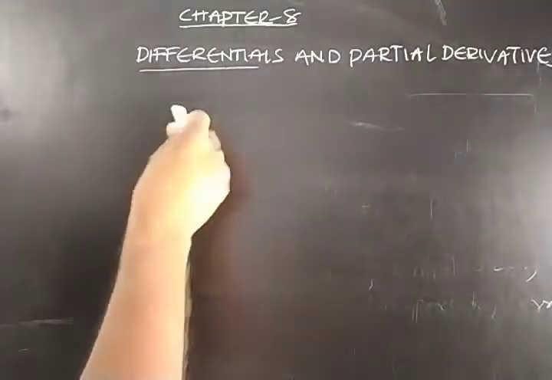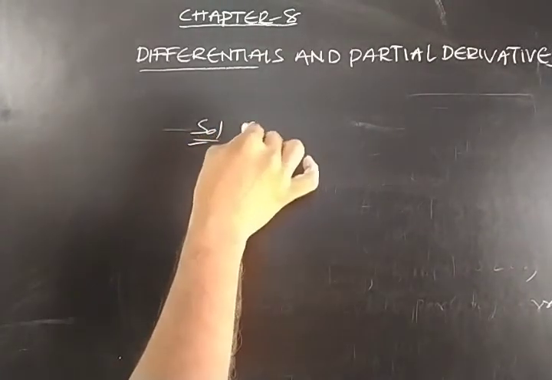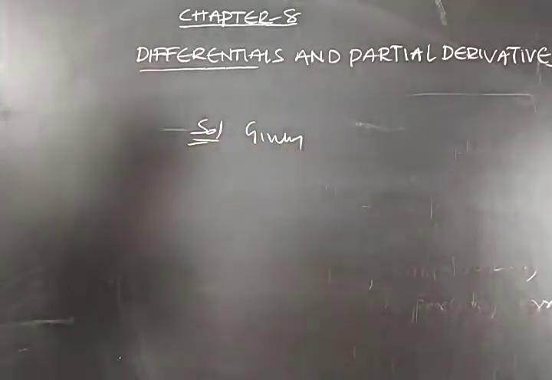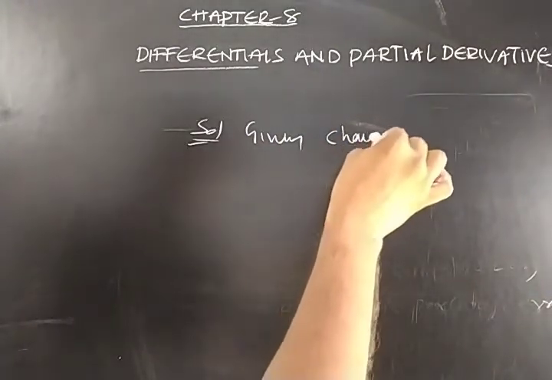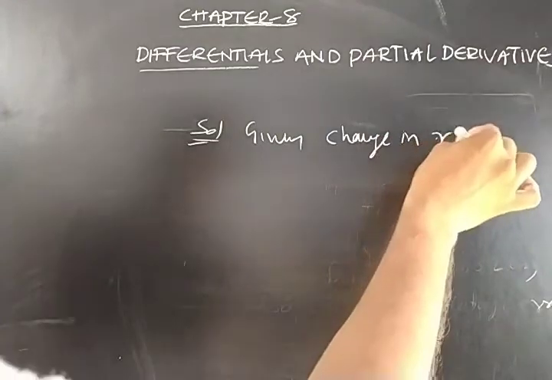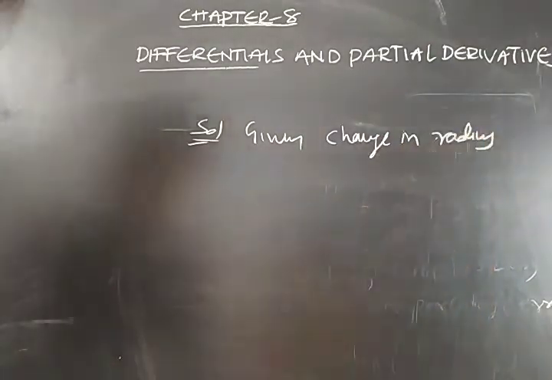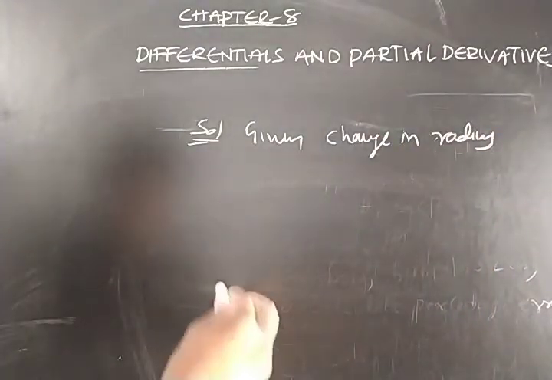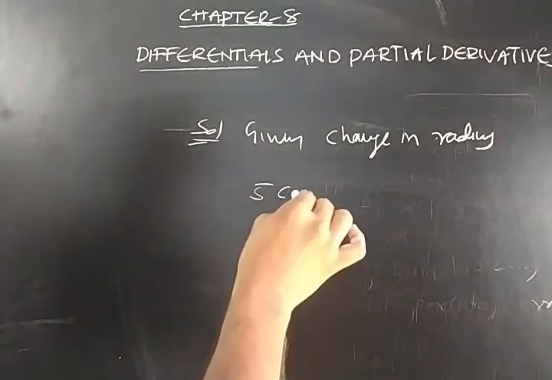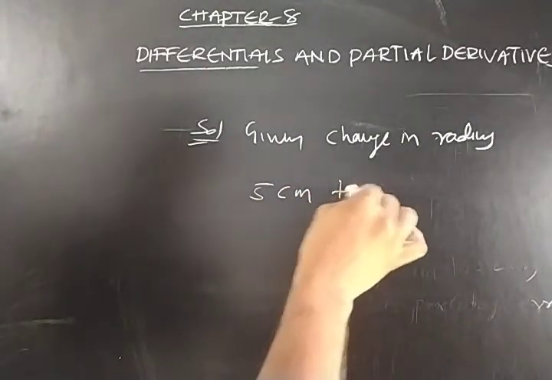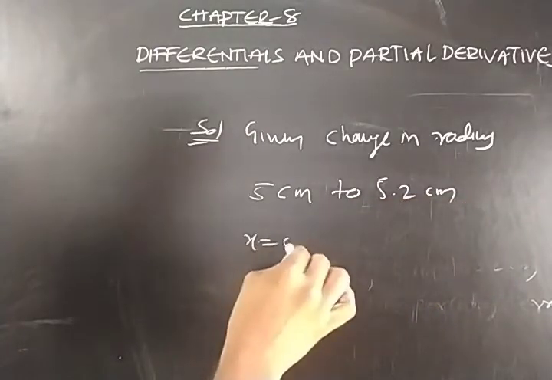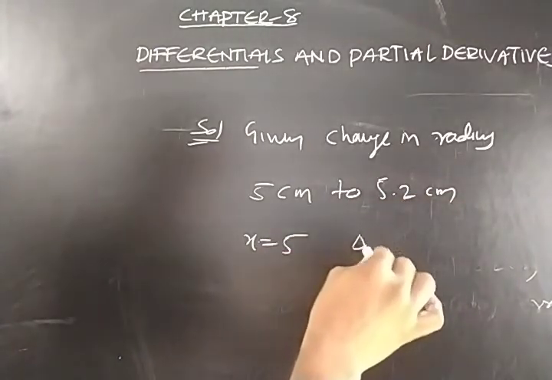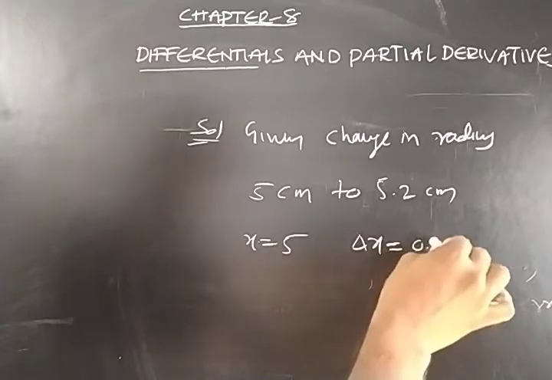Now, given the change in radius from 5 centimeters to 5.2 centimeters, here x I am taking as 5 and delta x, the change in x, as 0.2.